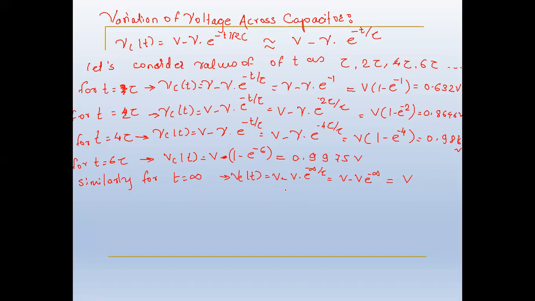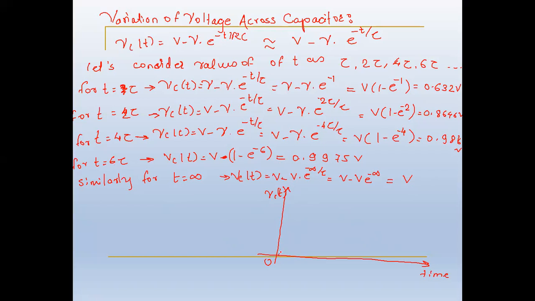What does it indicate? If we draw its graph, it indicates like, okay, the variation of voltage across the capacitor with time, Vc of t versus time.